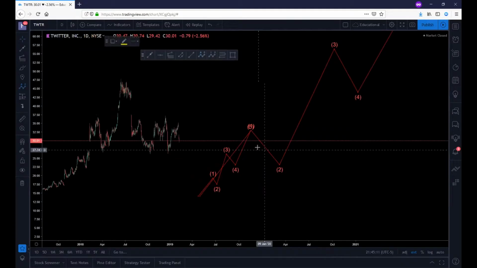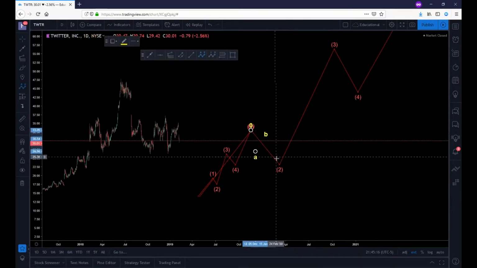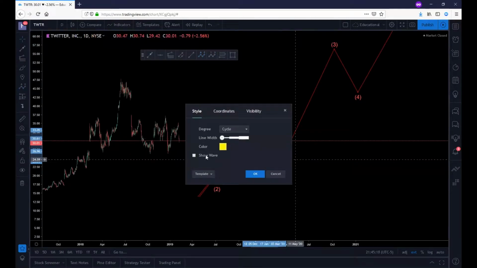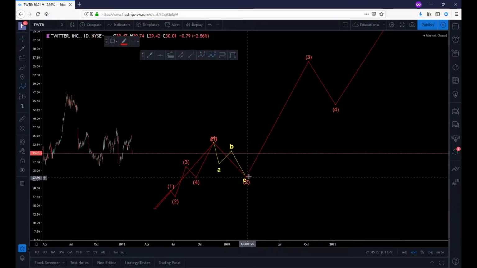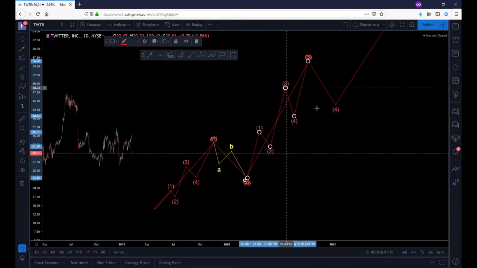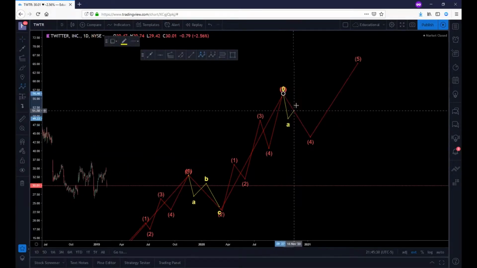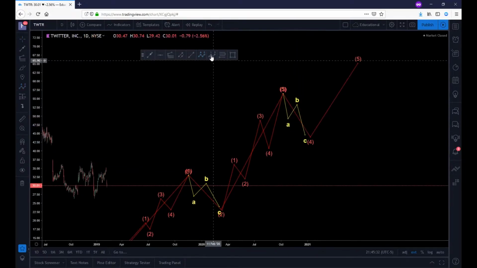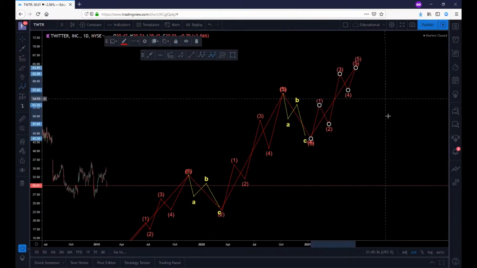In the corrective waves, you'll find 3 corrective waves, like so. Same thing with the 3, and could be the same with the 4, and likewise with the 5.